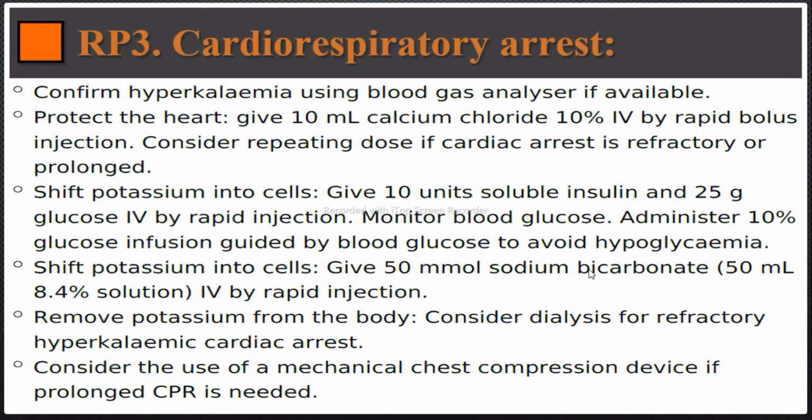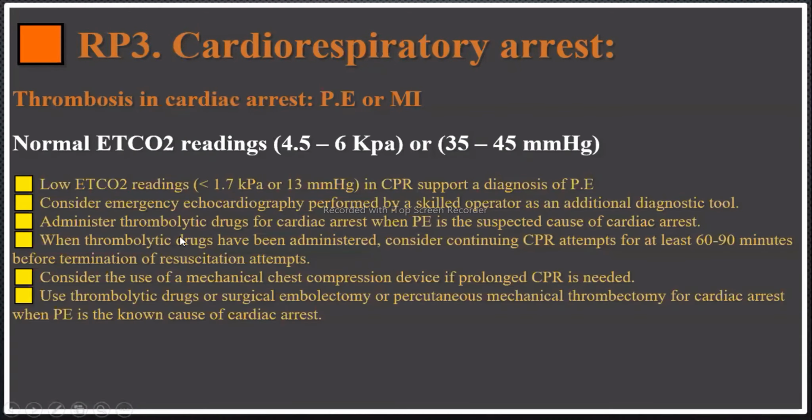What other option? You can choose sodium bicarbonate, by rapid injection. What other option? Dialysis, if not responding, for refractory hyperkalemia. Refractory means not responding. Also, consider mechanical chest compression if prolonged.